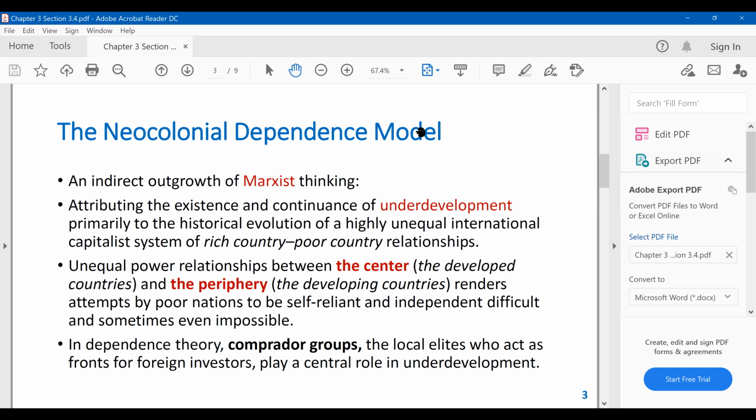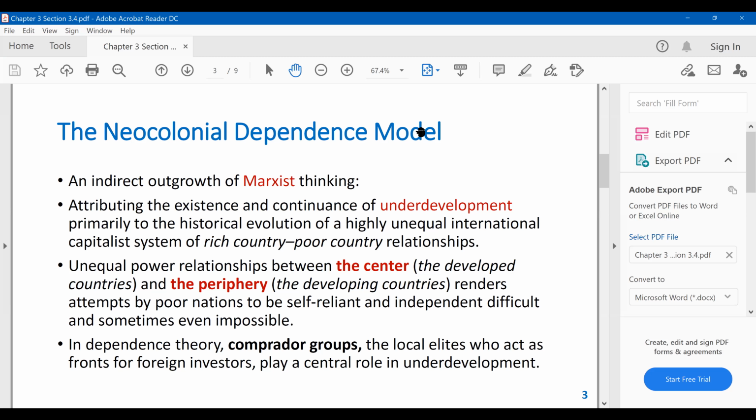If I need to put Turkey in one of these classes, I would put Turkey as the center of the periphery. Mexico is another example, perhaps. Those countries are still showing some successes, but they are still not part of the center. And then there is the periphery of the periphery.